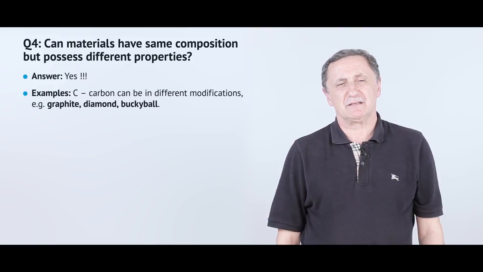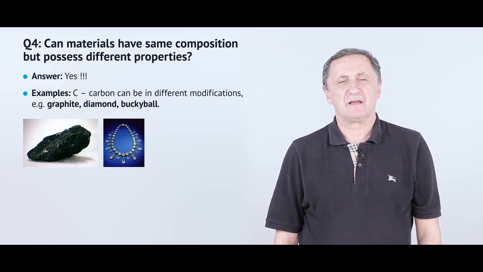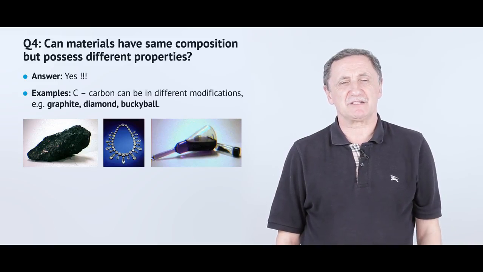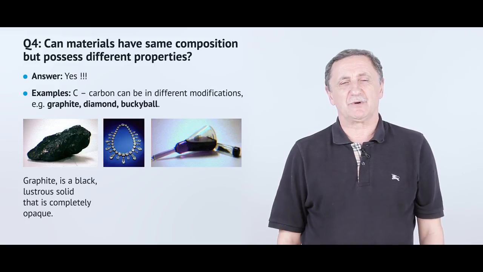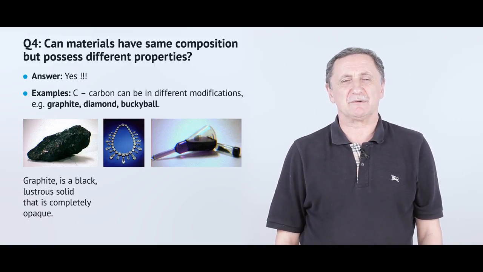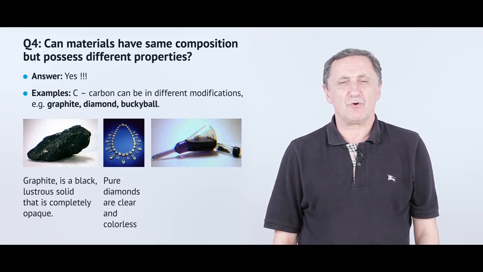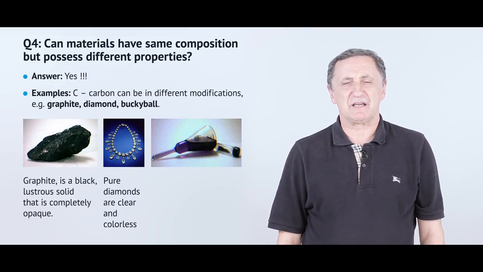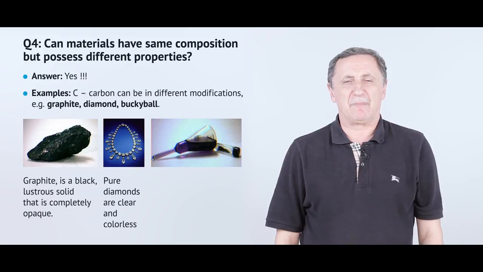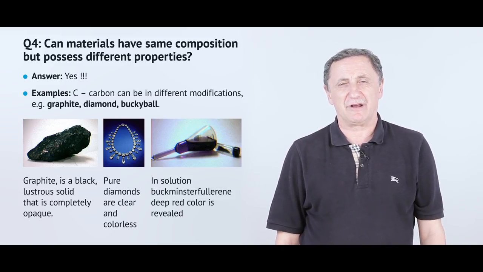On this screen we can see, for example, graphite itself, which has, as you can see, let's say, black color. And then you can see also your famous diamonds, which are completely transparent, colorless, no color at all, and also consist only of carbon, as you know. Finally, we can see here the Bucky structure, which does have a red color.